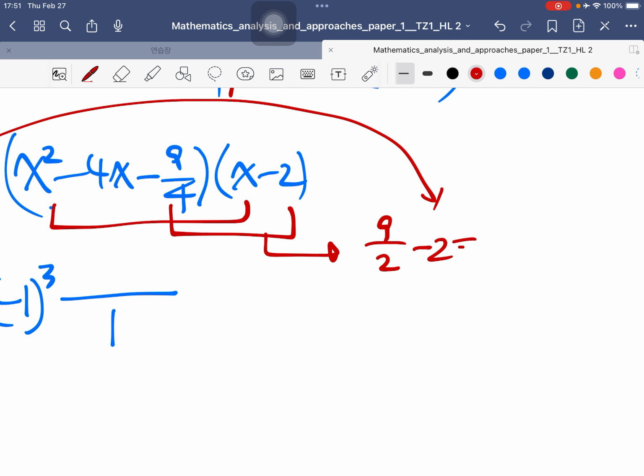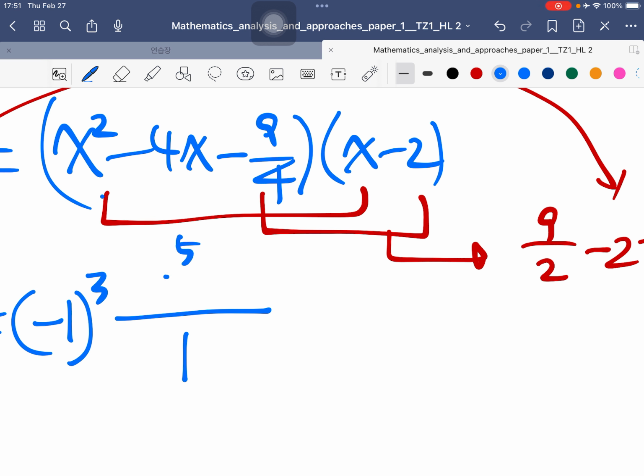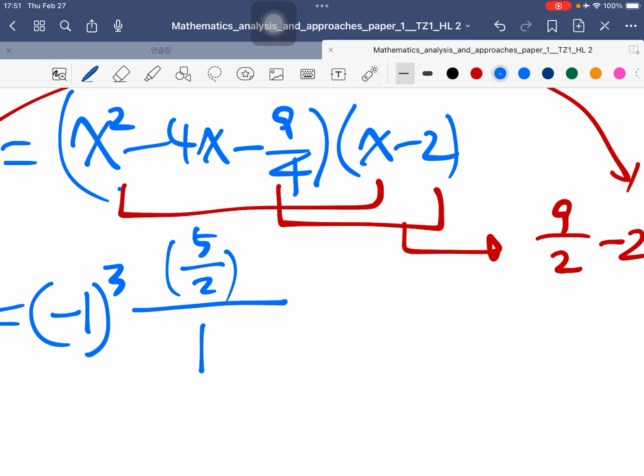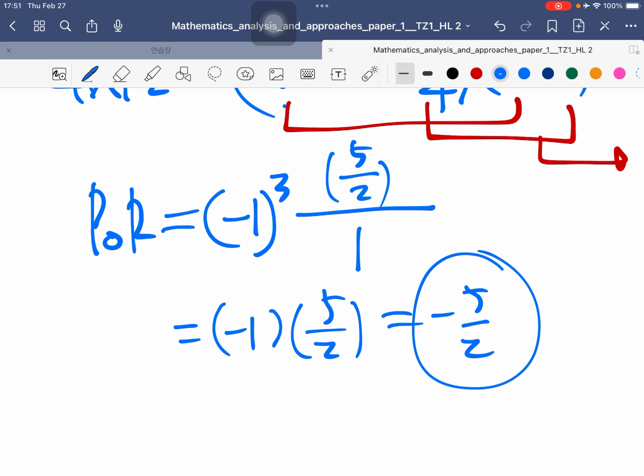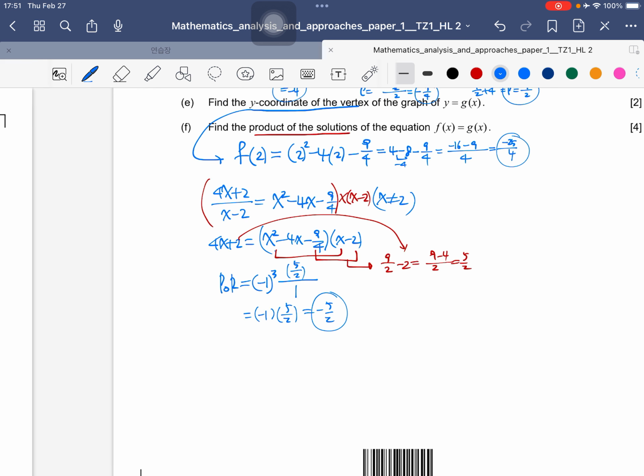So this one becomes 9 minus 4 over 2, which is 5 over 2. So 5 over 2. The product of all roots is negative 1 times 5 over 2, which makes minus 5 over 2. That's it.